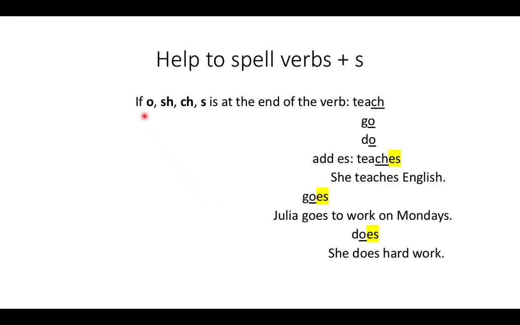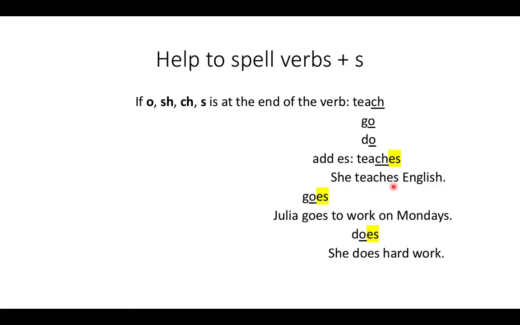So if the letter O or sh or ch or S is at the end of the verb, like in the word teach or go or do, you just add ES at the end of it. So for example, she teaches English.